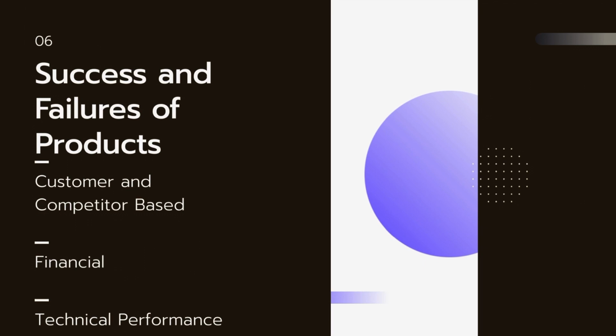Success and failures on products. Success can be defined as the ability of a product category to retain a reasonable market share despite redefinitions. When we speak of product failure, it can be determined by the answers to the following four questions.